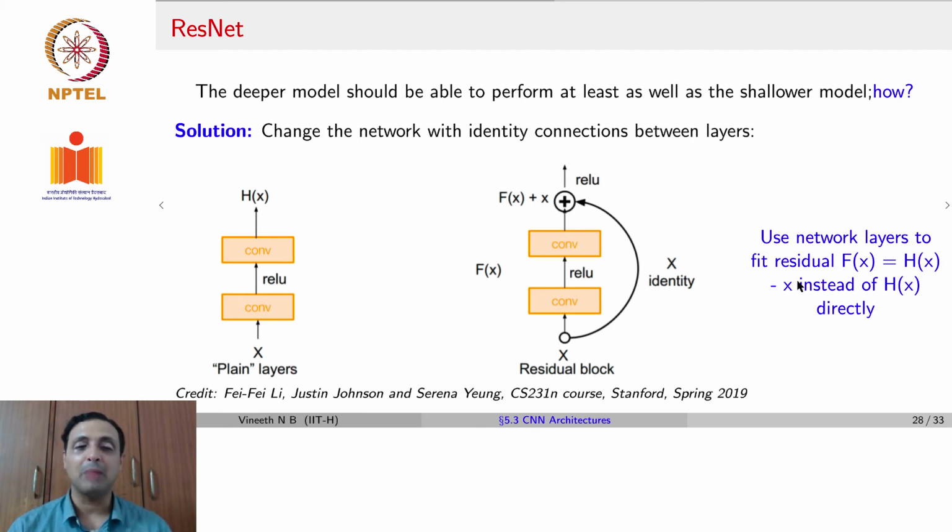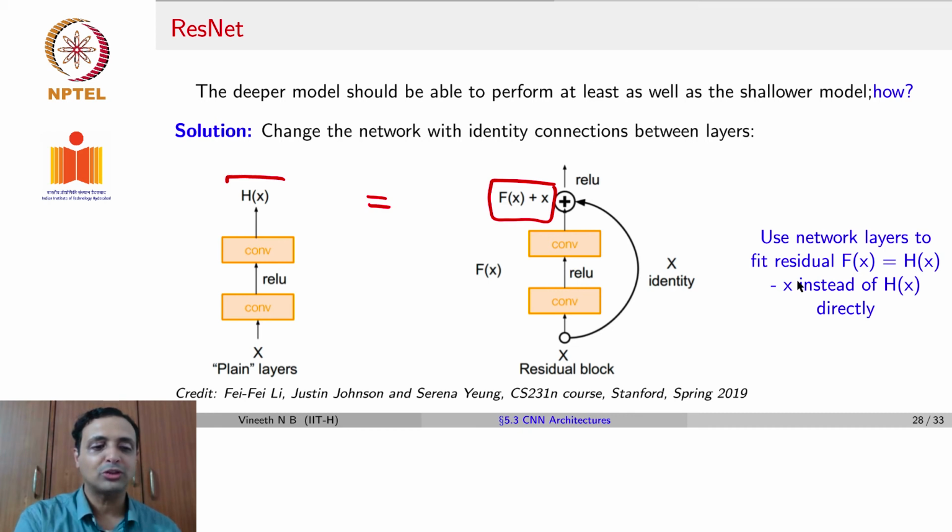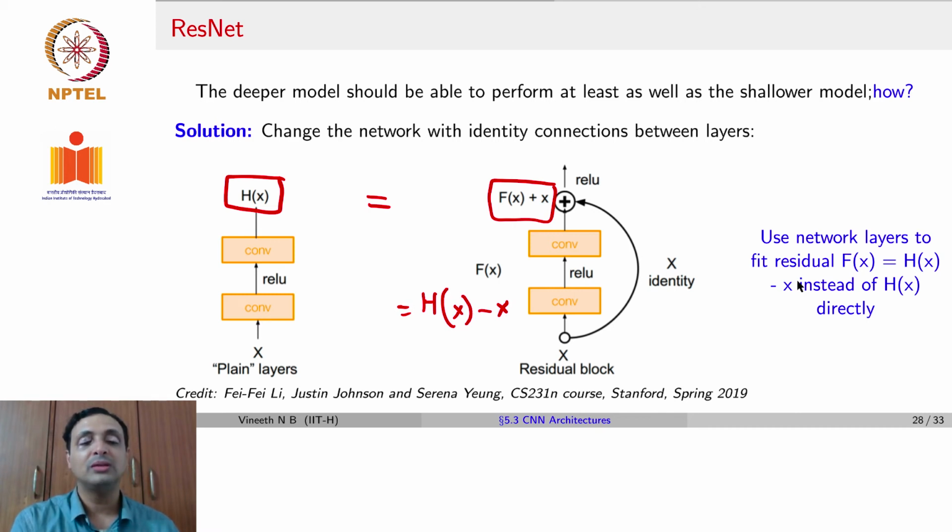Remember, now we are saying here that this together must be equal to h of X, or rather f of X will be h of X minus X, which is now the residual rather than h of X itself.